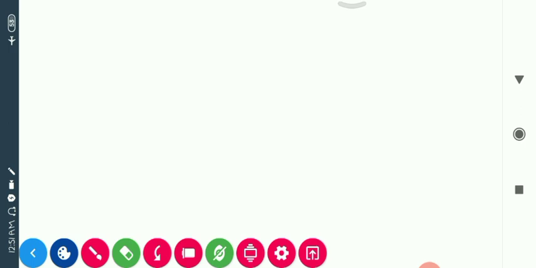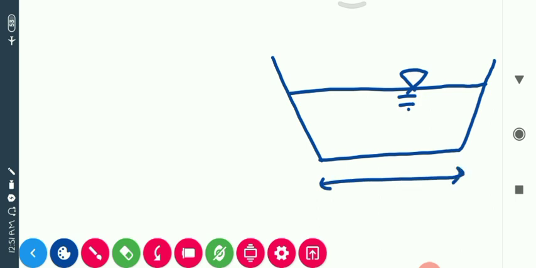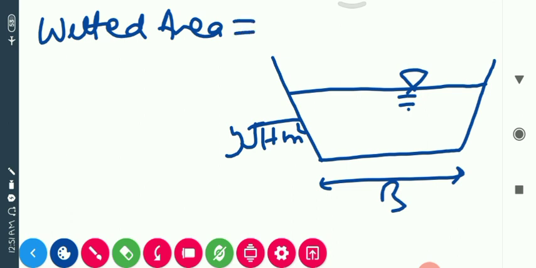Okay, so we have this trapezoidal section with the water top surface over here, and this is the width, this is y into under root 1 plus m square. So what is the wetted area? It is half into the sum of parallel sides into the distance between them.